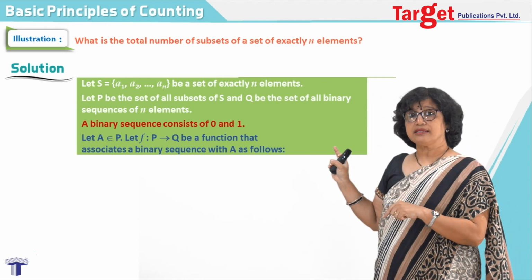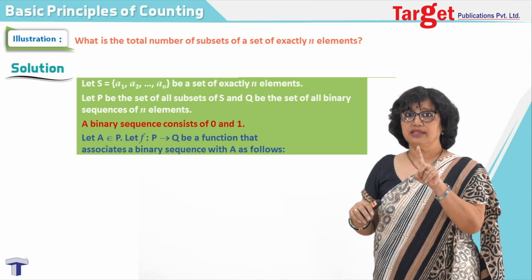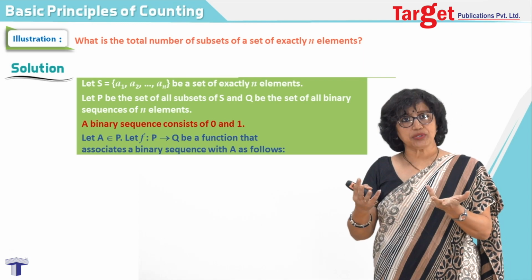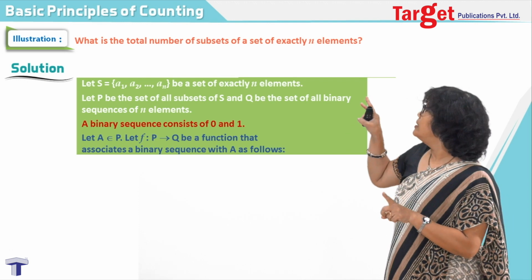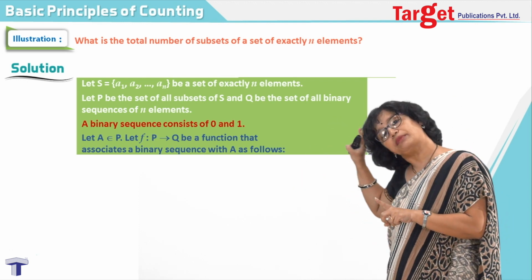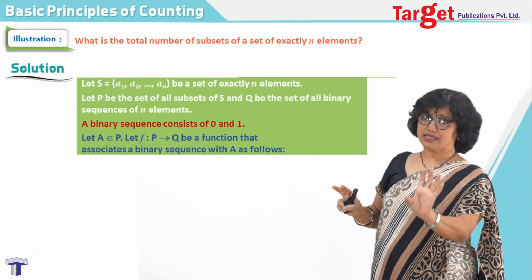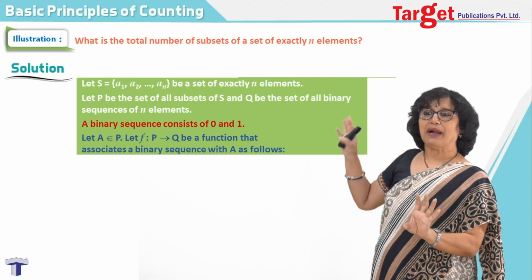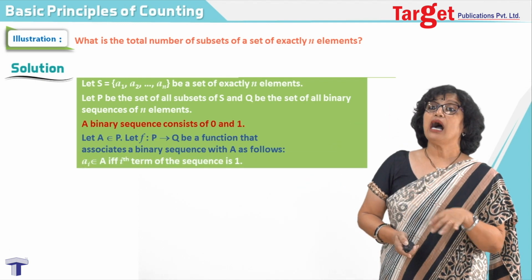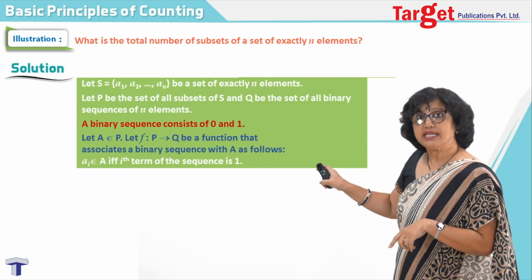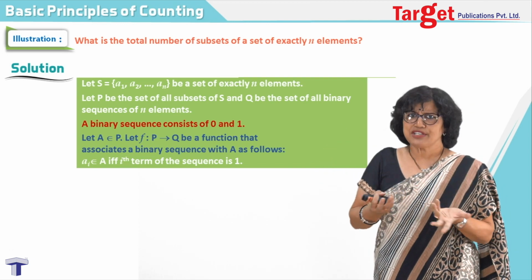What kind of function is that? What is the job of a function? It associates. What would it associate? It would associate something from set P to something from set Q. That means a set on one side and a binary sequence on another side. How does it do that? I am writing that function F, that is my choice, which I am defining.